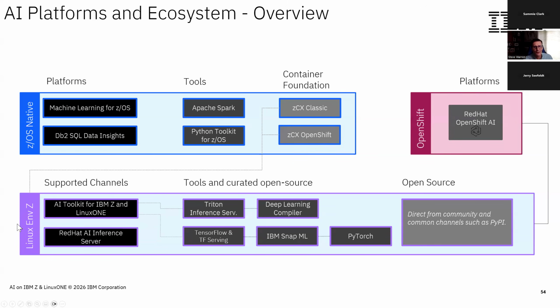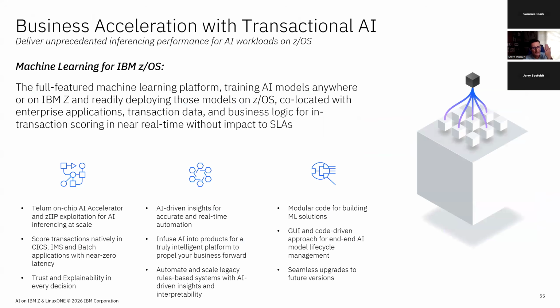And so either flavor of zCX, Classic or OpenShift, will allow you to run these frameworks there. And then, of course, there's OpenShift AI, which allows you also to run the AI deployment work. So again, this is where the models actually are going to live. The models are going to live in one of these environments, right? So Machine Learning for z/OS is a full-featured machine learning platform.